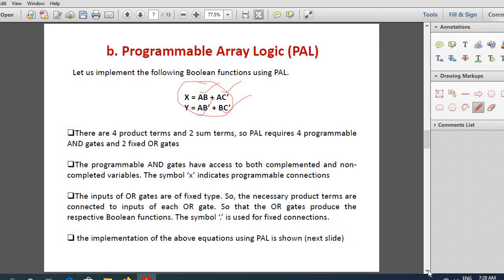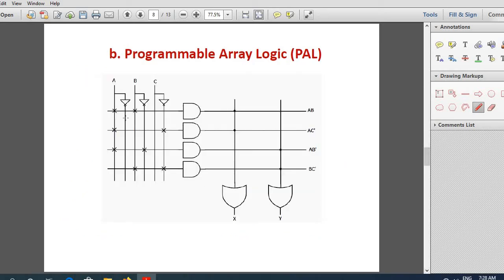Now how can you implement that? Look here. You need 3 variables, right? Because A, B and C are there. They should be available in their original form and in their complemented form. So you take A, A complement, B, B complement, C, and using a NOT gate, C complement.